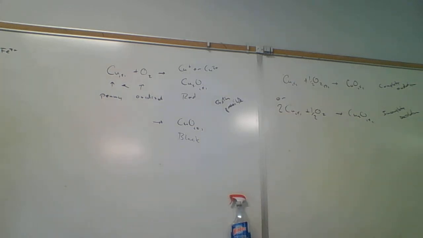This would be incomplete, so iron 2 oxide would be incomplete. And then complete oxidation would be iron 3 oxide, which is Fe2O3. For iron 2 oxide, we'd need 1/2 O2. For this one, we would need 2 irons and 3 halves of O2.